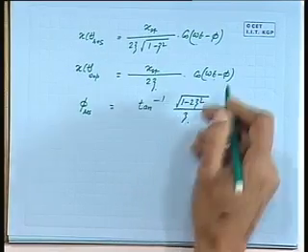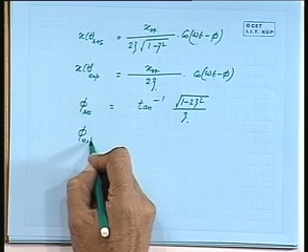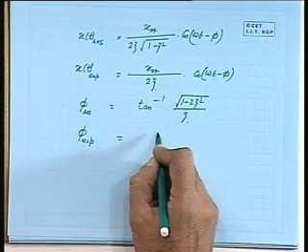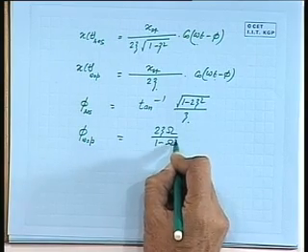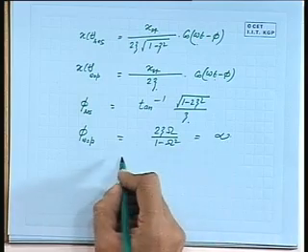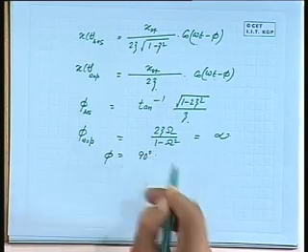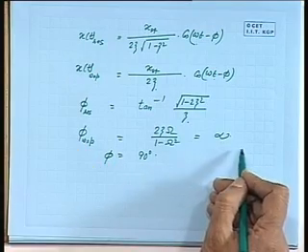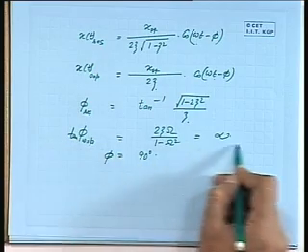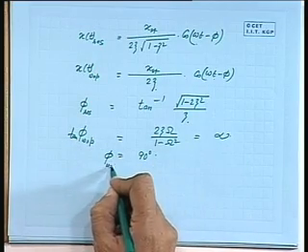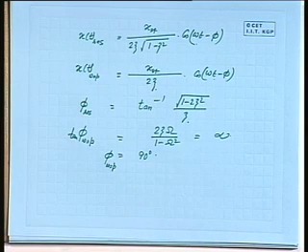This is the value of phi, and phi at omega is equal to p will be 2 zeta omega by 1 minus omega square, which tends to infinity. That means phi is equal to 90 degree or pi by 2. Tan phi is becoming, sorry, tan phi is equal to this, therefore phi at omega is equal to p is 90 degree. Okay. So, this is what we get here.